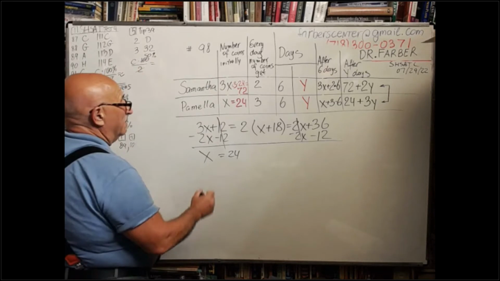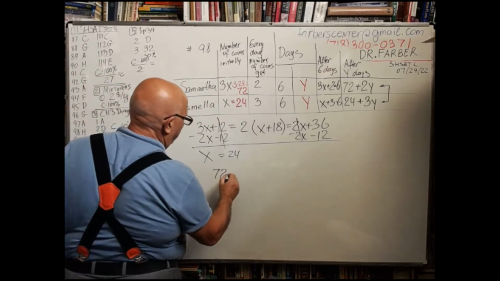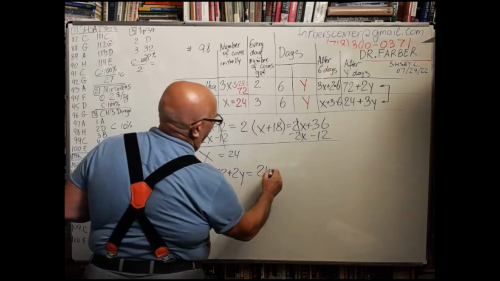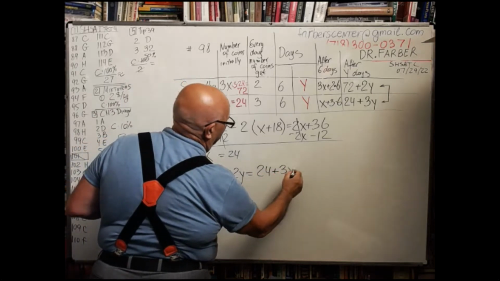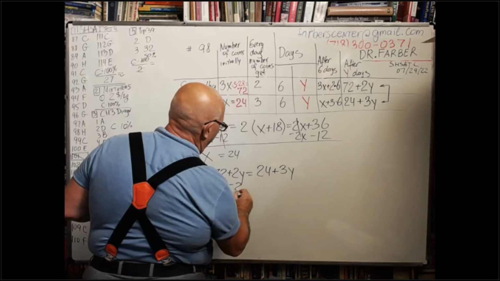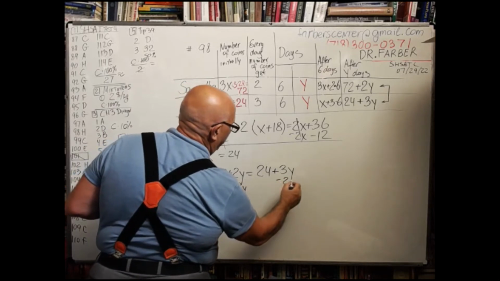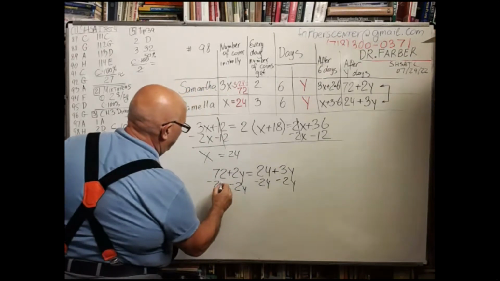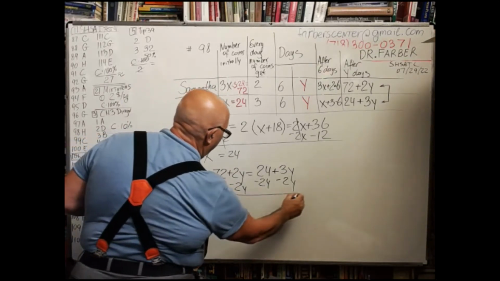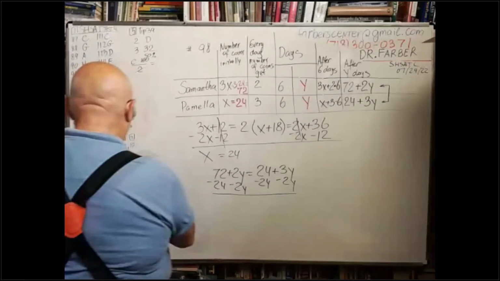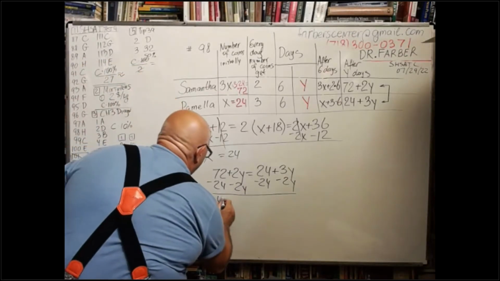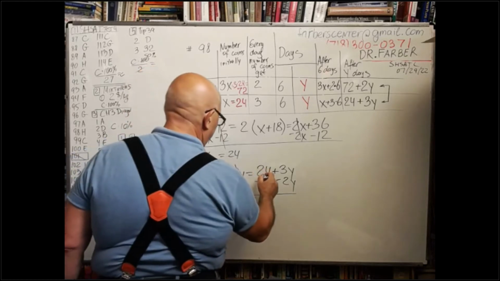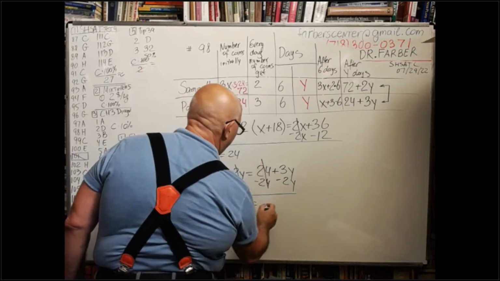Can you write here 72 plus 2y equals 24 plus 3y, minus 2y and minus 2y, minus 24 and minus 24. Okay, after subtraction, you have 48 cancel out, equals y.